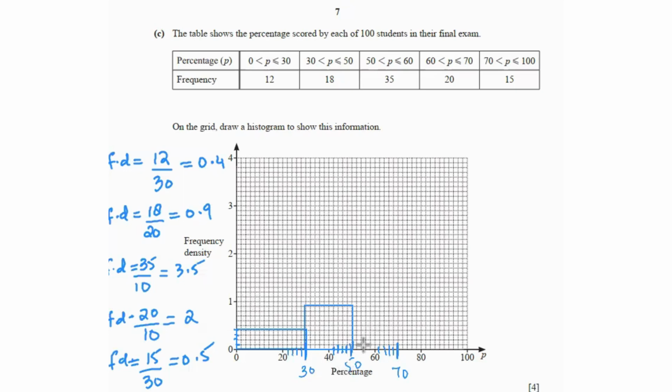Then from 50 to 60, it's 3.5, somewhere over here.